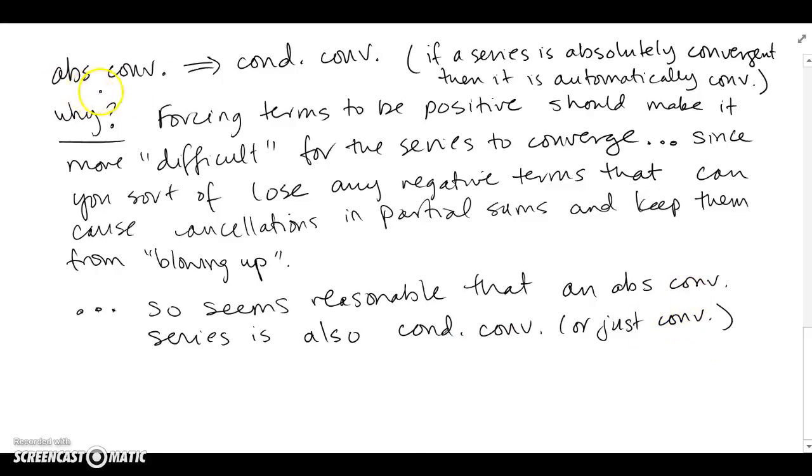So this absolute convergence implying conditional convergence kind of seems like, okay, it may work. If I have shown the difficult one where everything is positive and yet converging, then the other one where I even have some negatives helping me out should still apply.